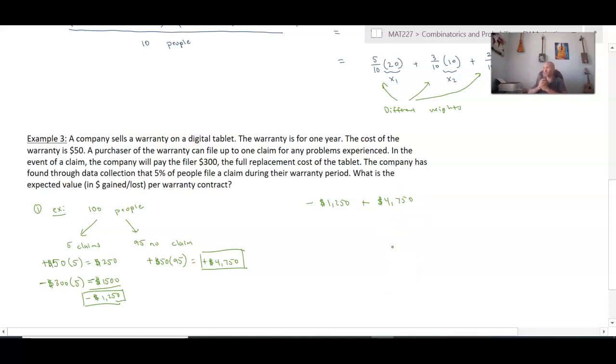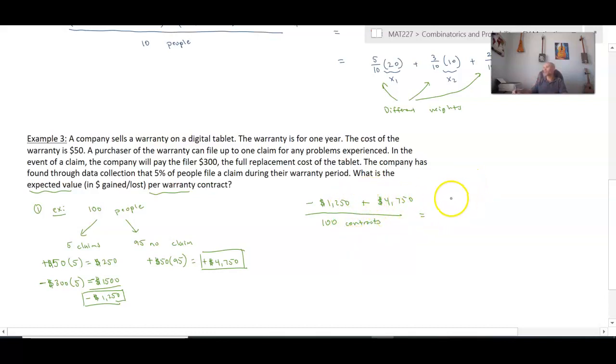We can see this can be a positive number, but we want to know the expected value per warranty. So what's the average that they lost or gained on each contract? Okay, well we use the 100 here to indicate, let's look at this for 100 people or 100 contracts.